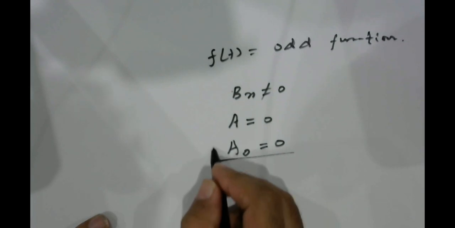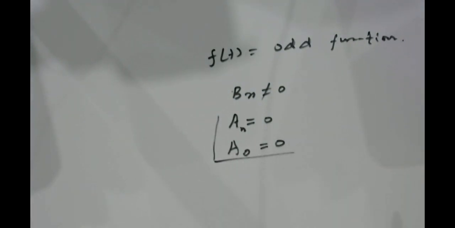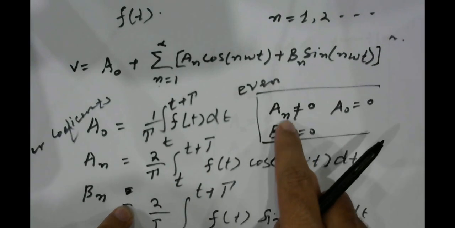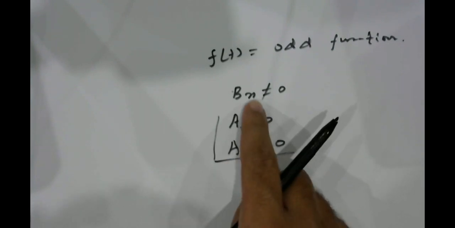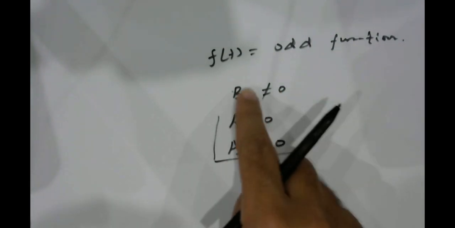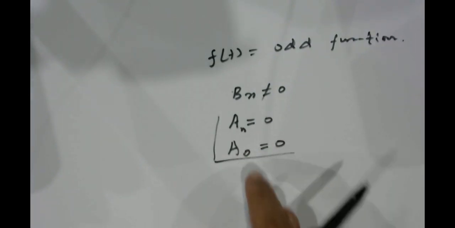So a n equal to 0 and a naught equal to 0, right. So you just need to remember these two things, that if your function is even, then a n is not equal to 0, and b n equal to 0, and for odd function b n is not equal to 0, that is its value exists, a n will be 0 and a naught will be 0, okay. We'll see this in a minute in example when we solve example, okay.